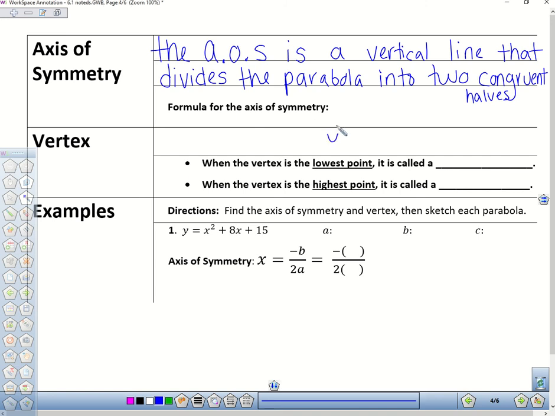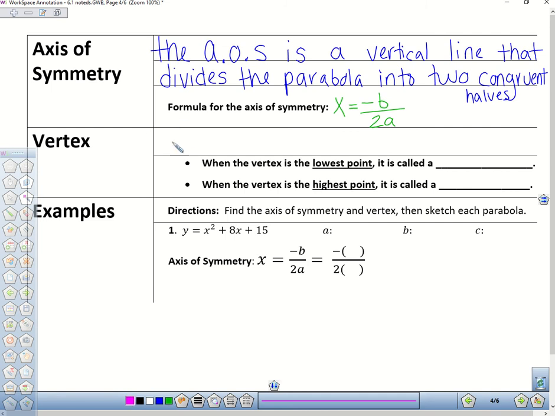Now the formula for the axis of symmetry is x equals negative b over 2 times a, so 2a.